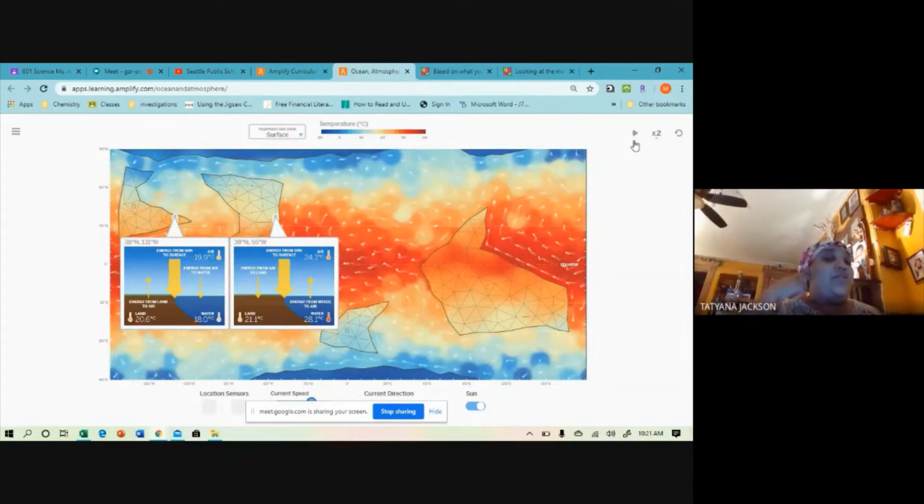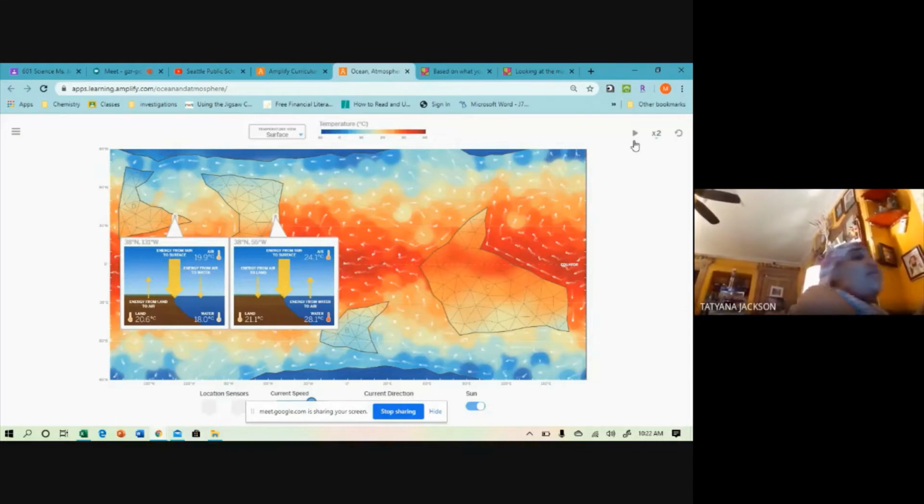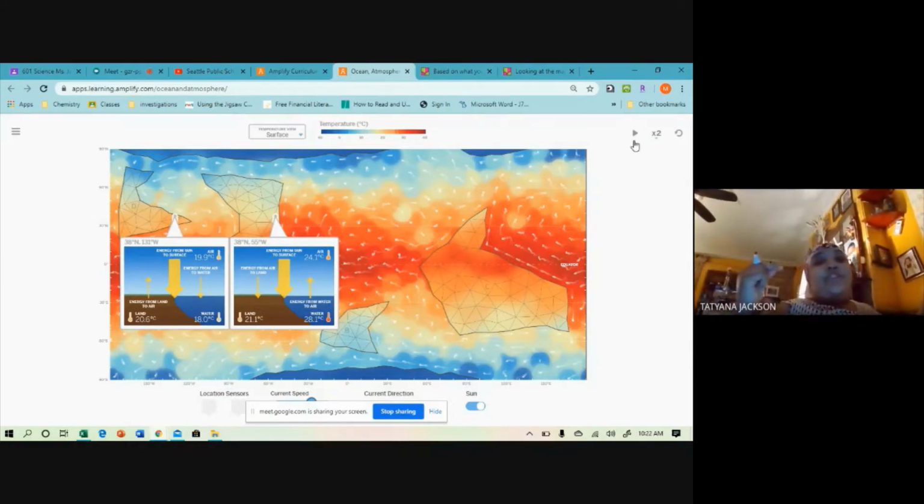All right, so it looks like our temperatures have stabilized, and so the final temperature of sensor 4 is going to be 19.9 degrees Celsius. And the final temperature for sensor 5 is going to be 24.1.